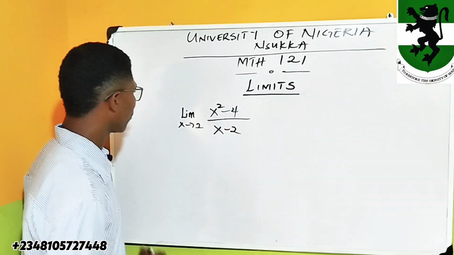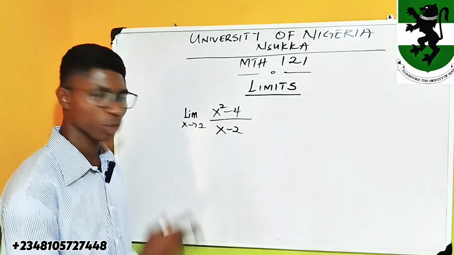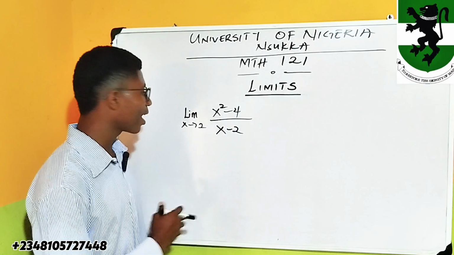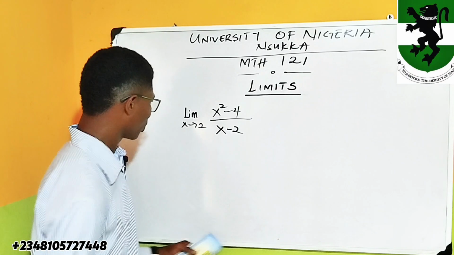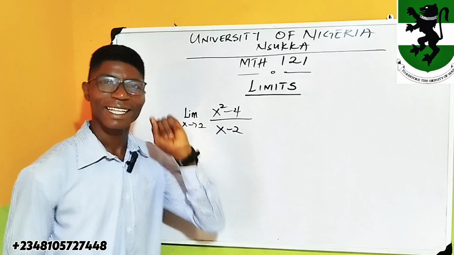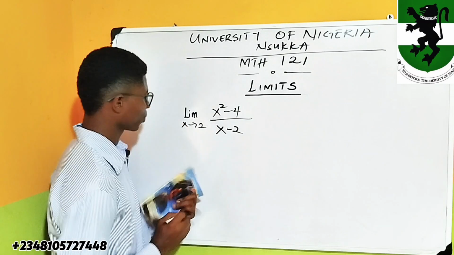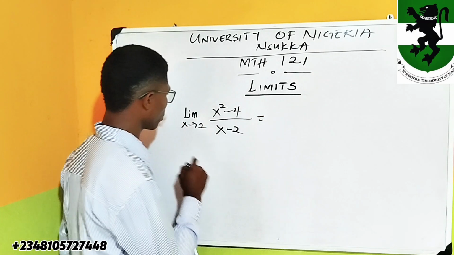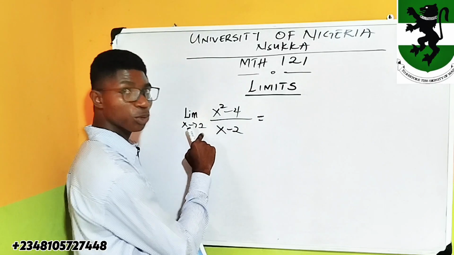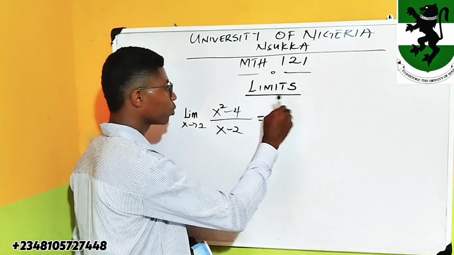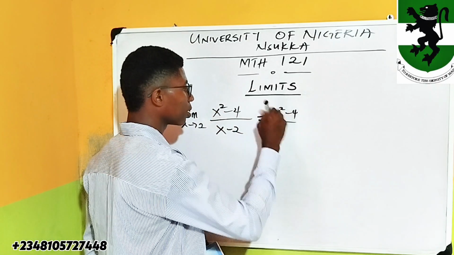We have limit as x approaches 2 of the expression x squared minus 4 over x minus 2. This is simple to solve. Let's solve this by direct substitution, substituting 2 into this expression. We have 2 squared minus 4, right?